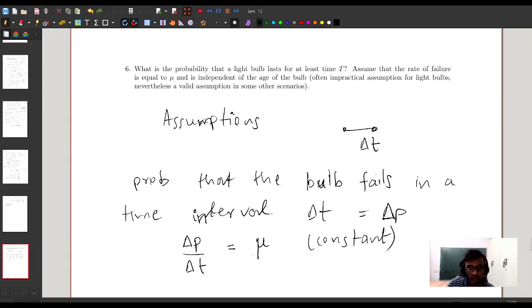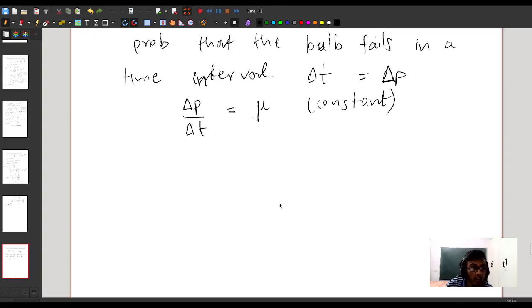So you can ask what are the situations in which such an assumption is valid and reasonable. Although it may not be practical for light bulbs, in many cases, for example radioactive decay of nuclei, it does follow this pattern.